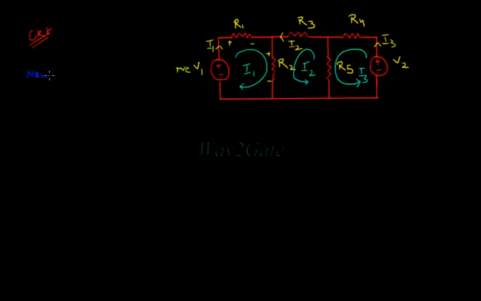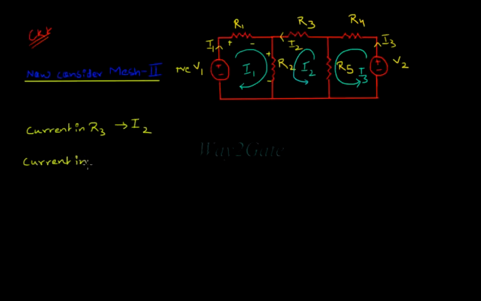Now let's consider mesh 2. Current in R3 is I2 and current in R2 is I1 plus I2.